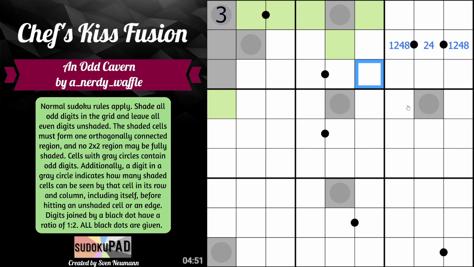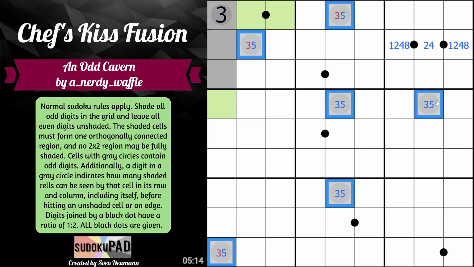Because they need to form one orthogonally connected region, we can never have 1 in here. What that leaves us with is 3, 5, 7, and 9, which 3 can be pulled out of these. So 3 can be pulled out of all those. But let's actually pencil mark that: 3, 5, 7, 9.